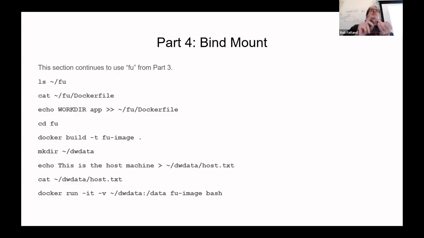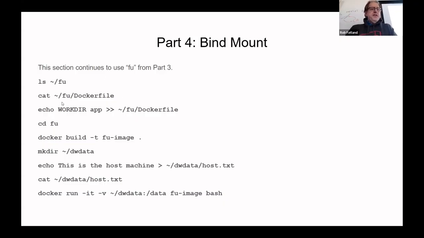So volumes, networking, and ports are the 3 aspects of breaking out of the hermetic Docker container into the outside world to interact. Okay, so bind mount is the second of those 3. It's using a volume that's both mounted in our local host file system and also mounted in the container. And it's the same thing. So it's just mount.